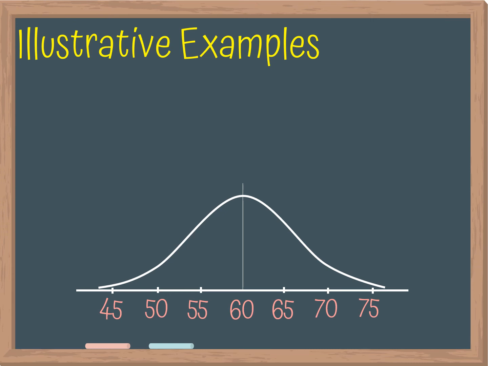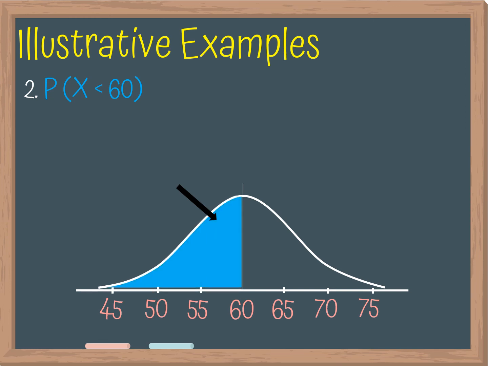Second example, again, we will be using the same normal curve. So the probability that x is less than 60. So as you can see here, we have one endpoint, which is 60. So since we are dealing with the values less than 60, that will be from 60 going to the left.